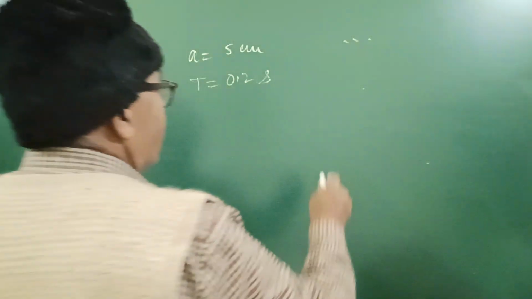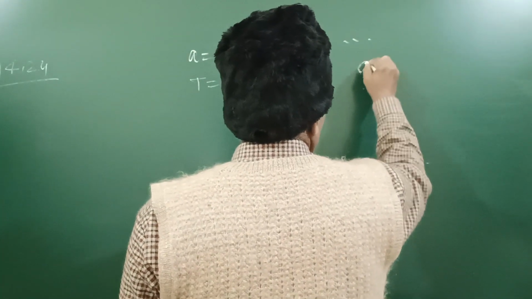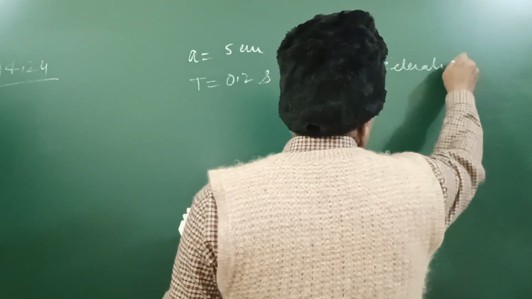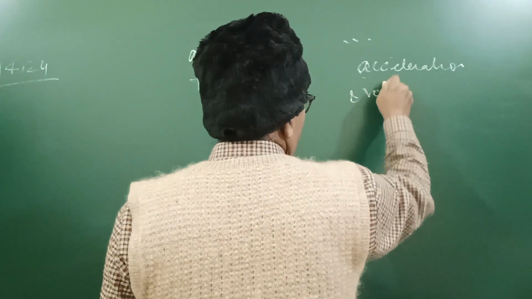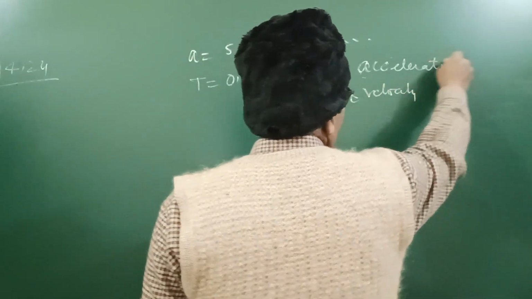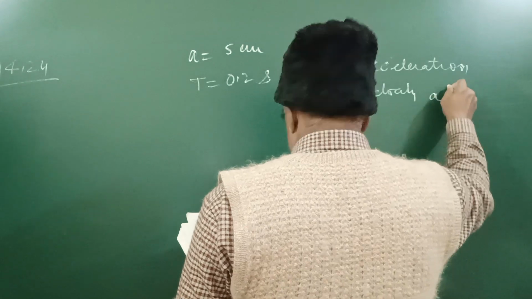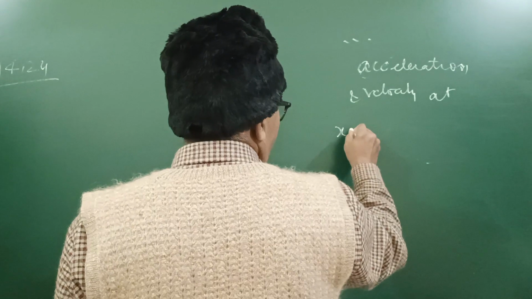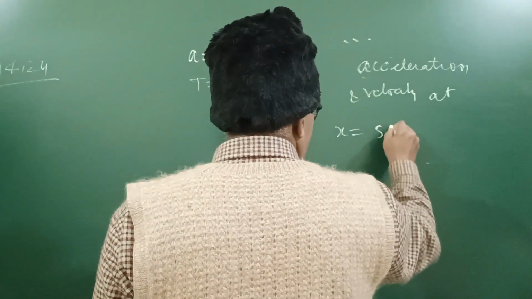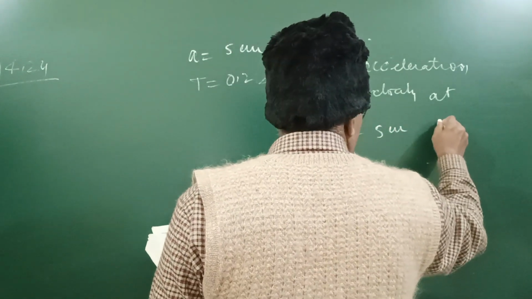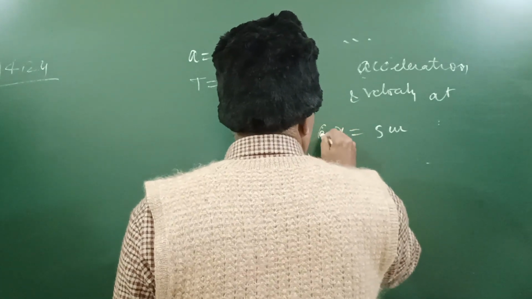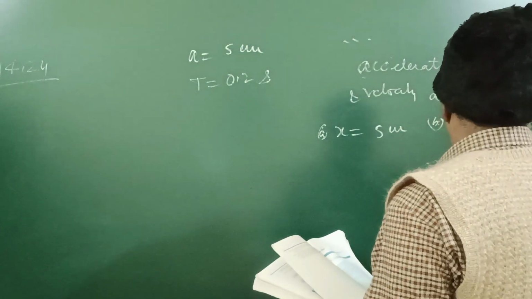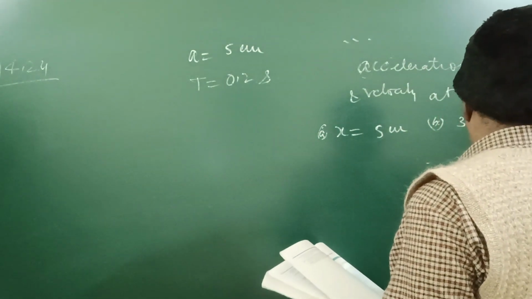Find the acceleration and velocity at displacement x equal to 5 centimeter in part A, at 3 centimeter in part B, and at 0 centimeter in part C.